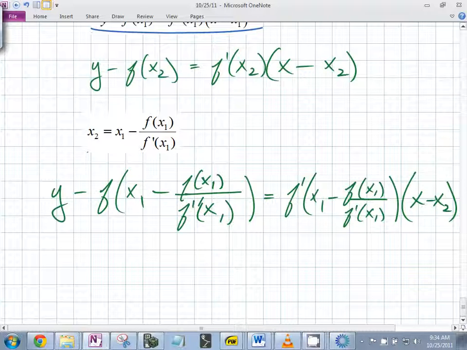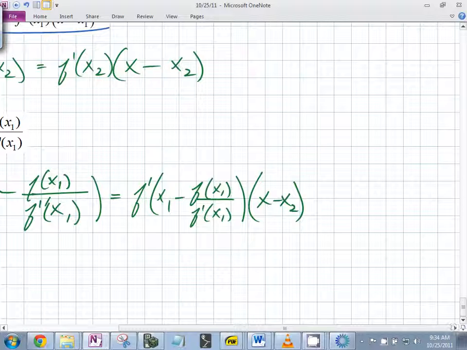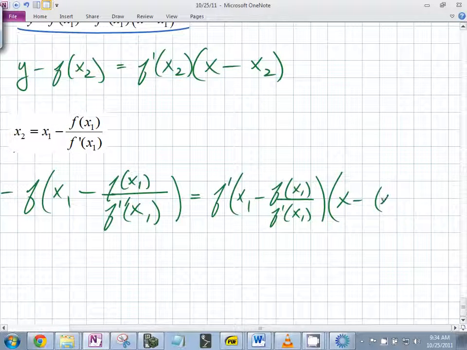So what is x2? I have to write that down again. x minus x1 minus f of x1 all over f prime of x1.